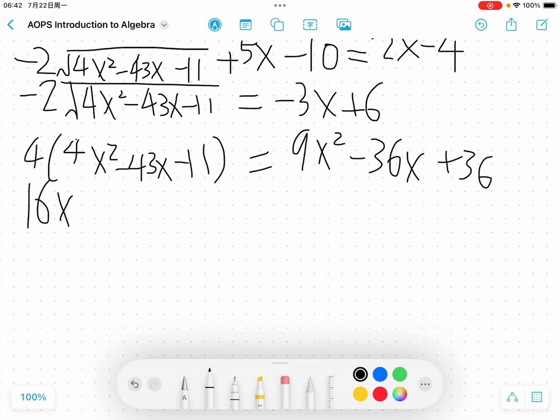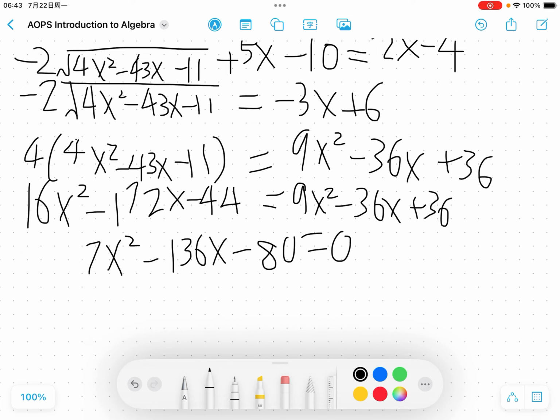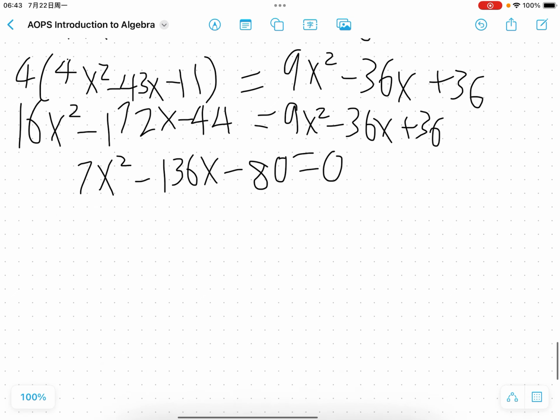If we expand the left side, we get 16x squared minus 3 times 4 is 12, 172x minus 44, which is equal to 9x squared minus 36x plus 36. If we move this all to the other side and simplify everything, we get 7x squared minus 136x minus 80 equals 0.